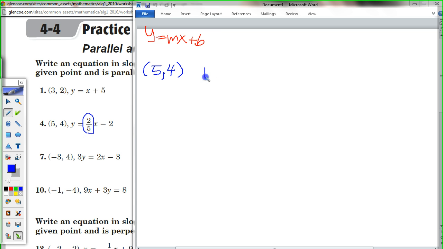So you're going to extract the slope, m is 2 over 5. Okay, so I'm going to just put all these numbers in this equation. So y is 4, not 5. Y is 4, x is 5. So 4 equals, your m here is 2 over 5, and your x is 5, and you're solving for b.